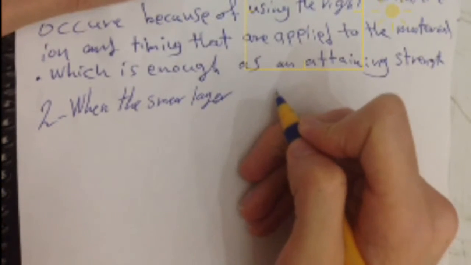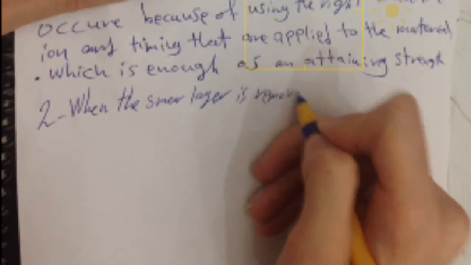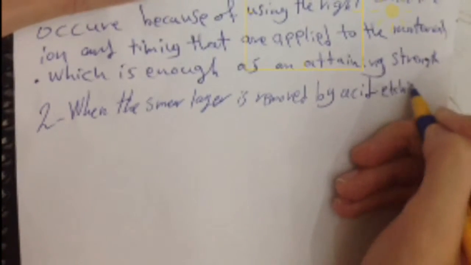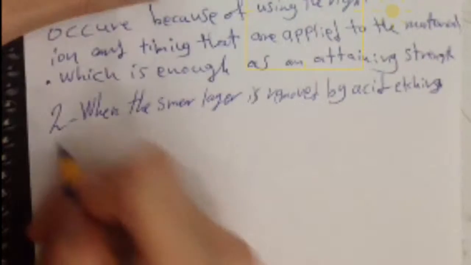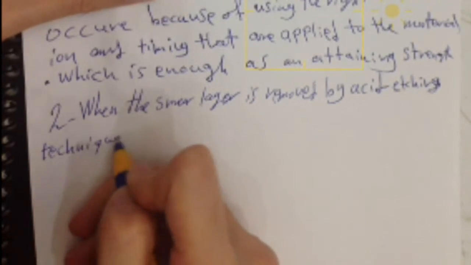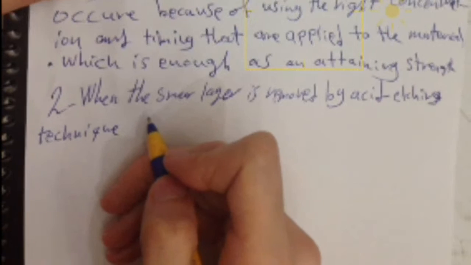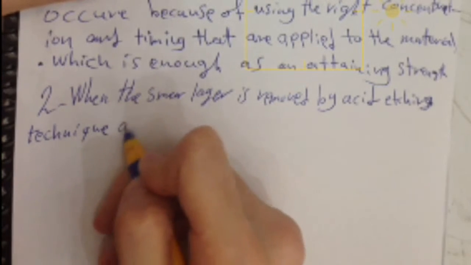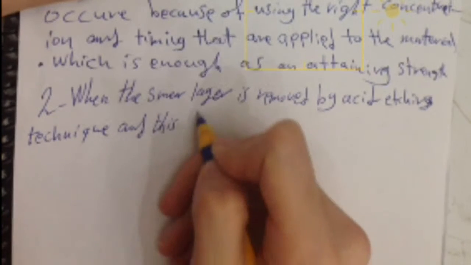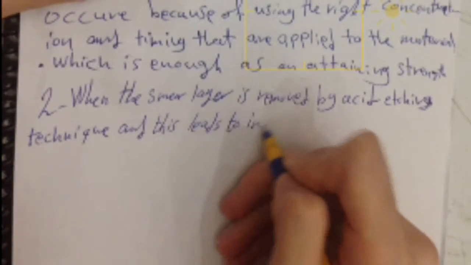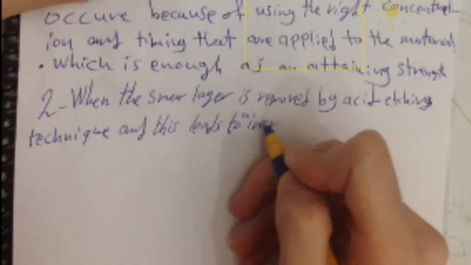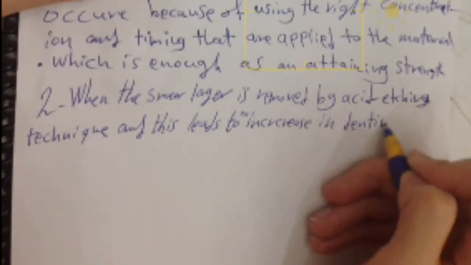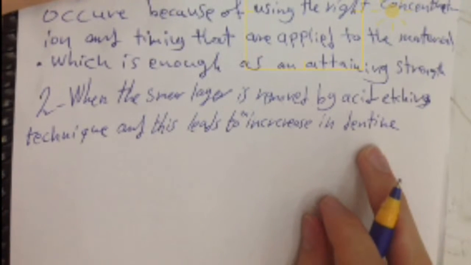When this smear layer is removed by acid etching technique, okay, and this leads to an increase in dentine permeability.